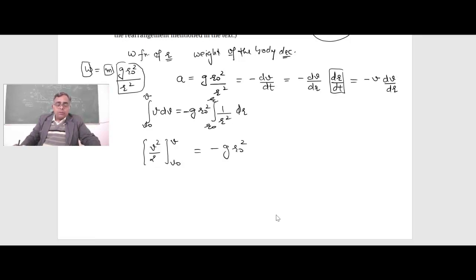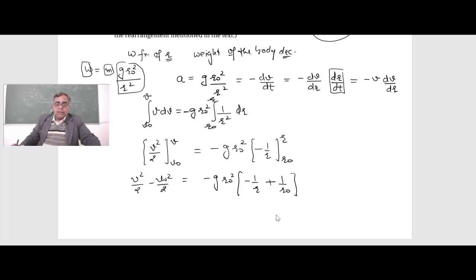If I solve it, I will get minus 1 by r, with upper limit r and lower limit r naught. So v square by 2 minus v naught square by 2 equals minus g r naught square times minus 1 by r, and minus this gives plus 1 by r naught.